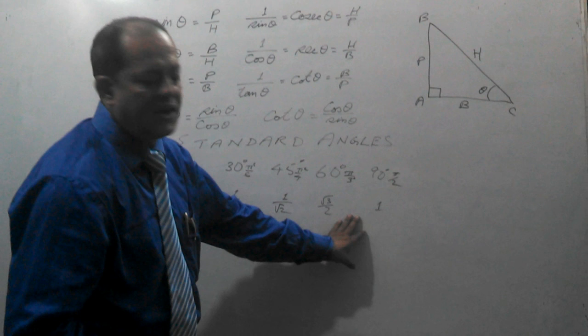So cos A plus B minus cos A minus B gives us minus twice sin A sin B. Right?